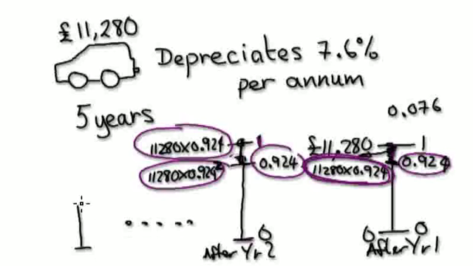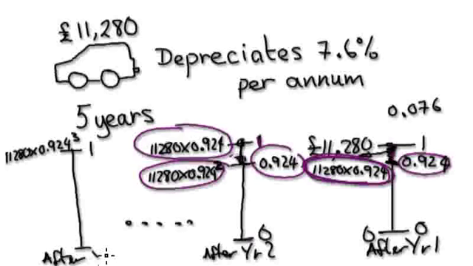Year 4, hang on. At the start of year 4, it would be 11,280 times 0.924 to the power of 3, because it's always less than. This is after year 3.